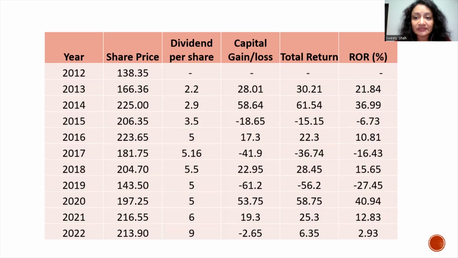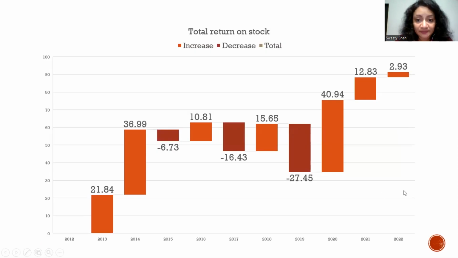Here we can see fluctuations, where some of the years give us a positive return, but in some years we have negative returns, like 2015, 2017, and 2019. The same is depicted in this graph, where all the orange bars denote the positive returns, whereas the brown bars reflect the total return where it is negative.